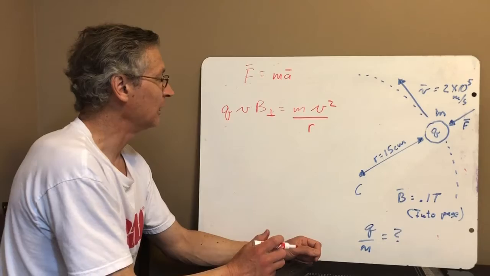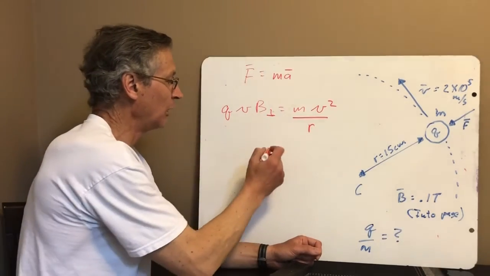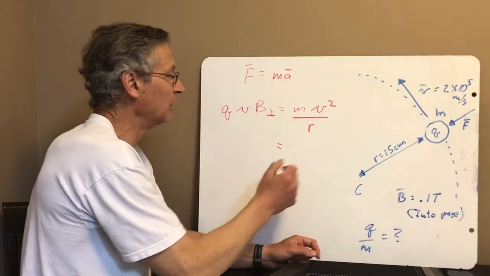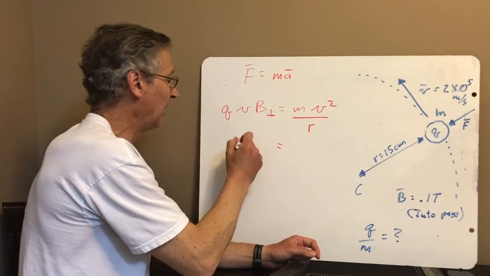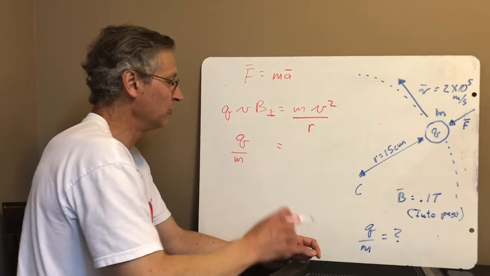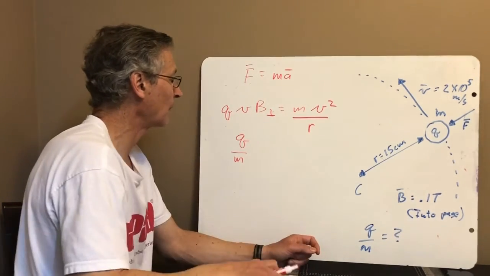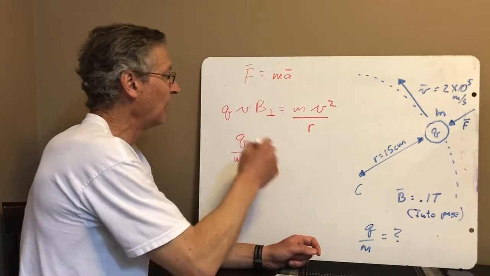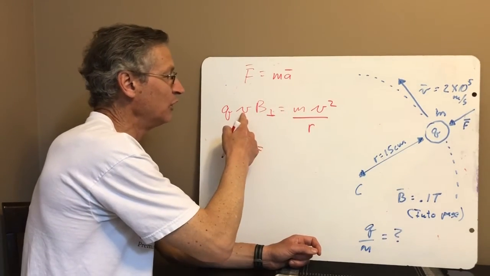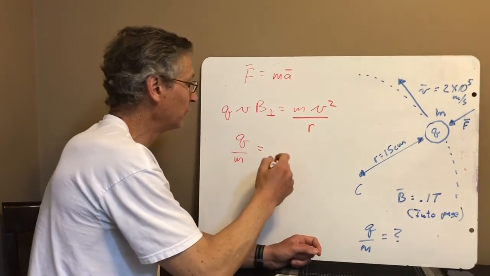Okay, so let's make this look like we want it to look. Let's get the M over the other side, and then it's going to go nicely downstairs underneath the Q like it's supposed to. Let's take the B over to the other side, it's going to go downstairs. Let's take the V over to the other side, it's going to go downstairs.